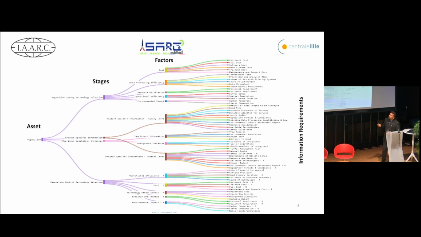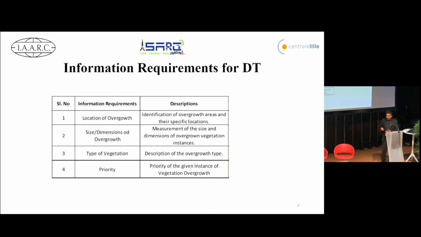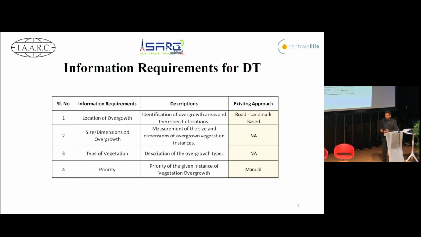Across all 4 stages, we have multiple factors contributing to those stages, and each factor is contributed to by many information requirements. This is the key backbone to the digital twin. Currently, the information requirements we have scoped for this research are the location of overgrowth, the size and dimensions of overgrowth, the type of vegetation, and priority. For the existing approach, all of these either don't exist or are in manual form.